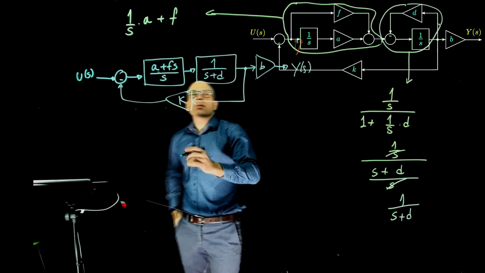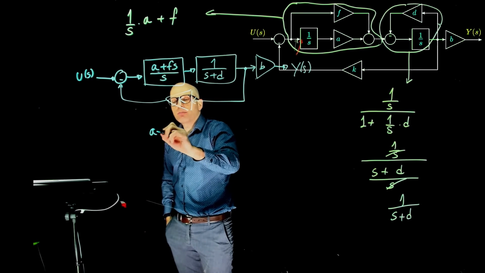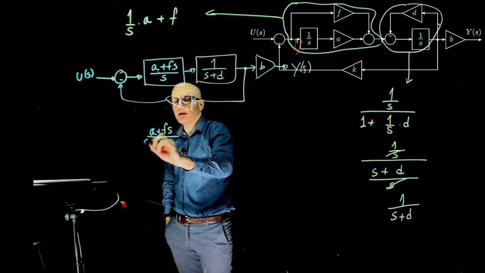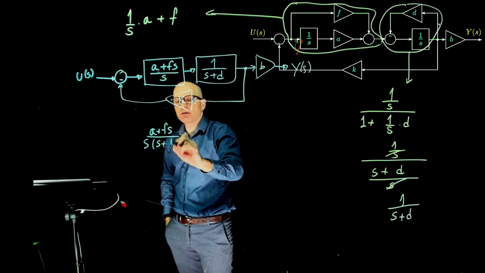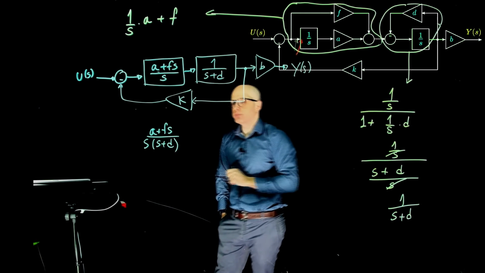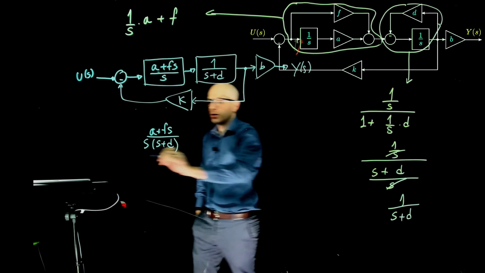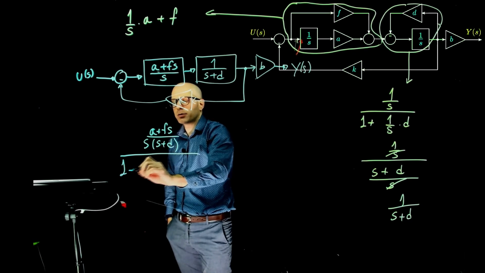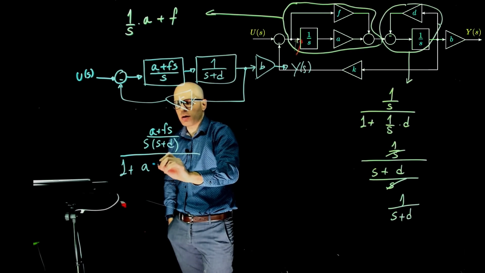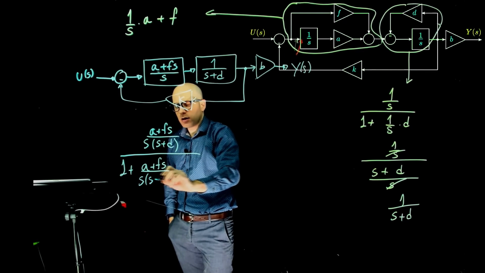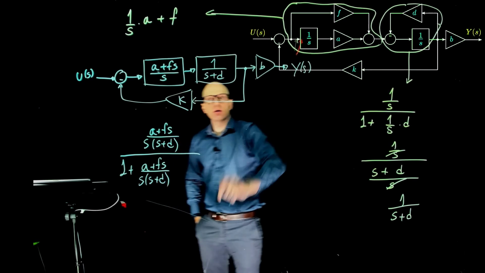So just one step to save some time. So now we have A plus Fs divided by S times S plus D. I'm just multiplying these two, divided by 1 plus the same thing, A plus Fs divided by S plus D times K.